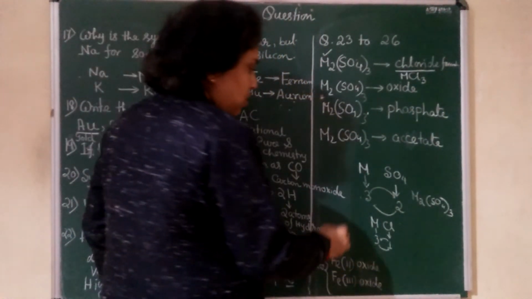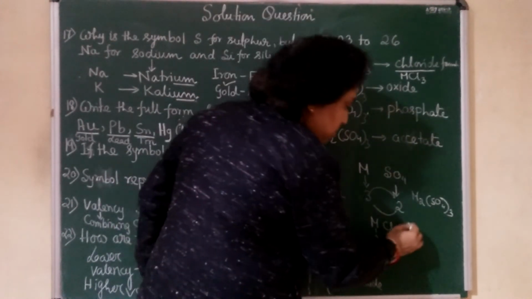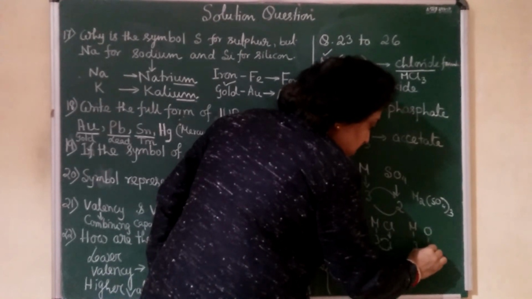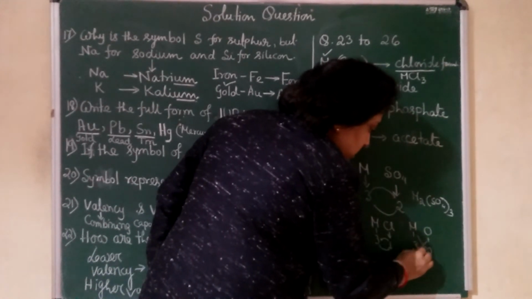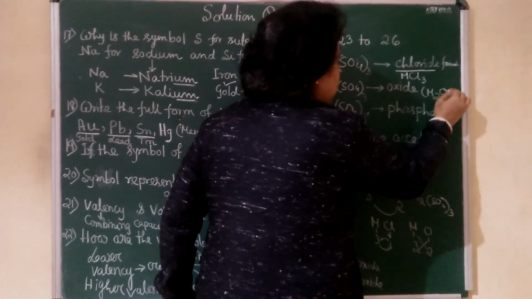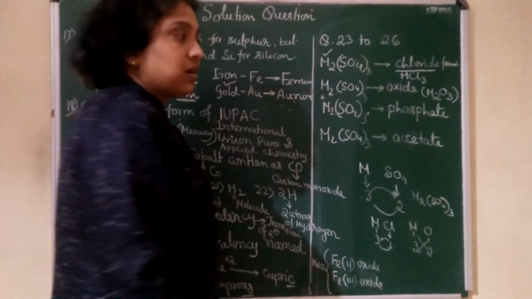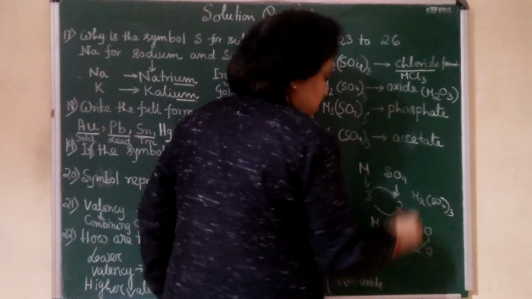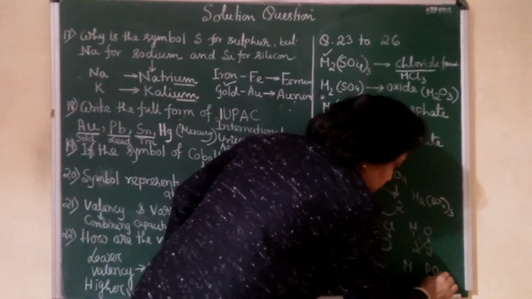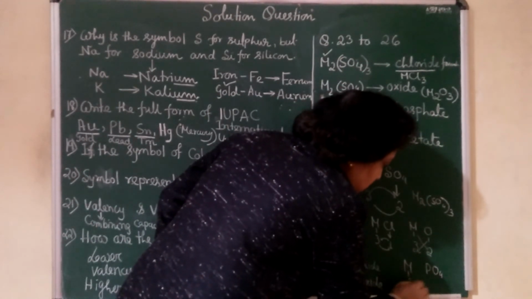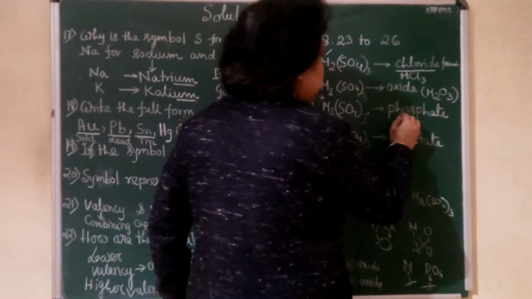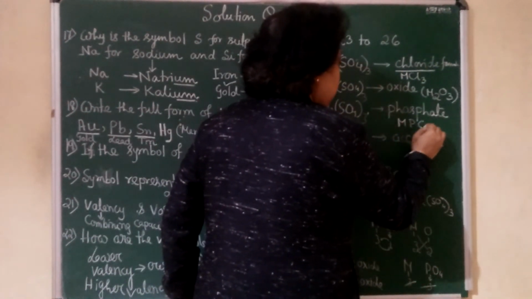Then the oxide: M is 3 and oxygen valency is 2, interchange, so M2O3. So the oxide formula will be M2O3. Understood? Phosphate. What is the symbol of phosphate? Phosphate is PO4. M valency is 3 and PO4 valency is also 3. So the 3s cancel, and directly it will be MPO4.